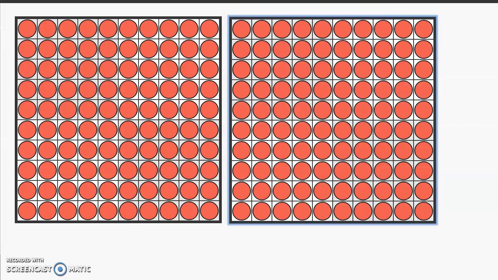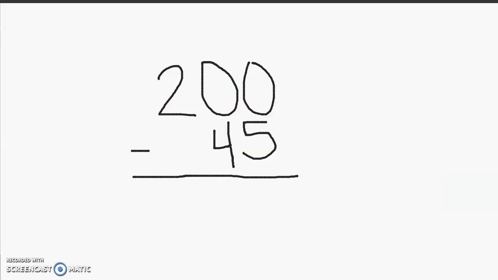A fourth grader, on the other hand, would solve using the standard algorithm. They would start by writing 200, which I've already written, and then minus here 45, 5 being under the ones in the ones column and the 4 being in the tens column. We then begin subtracting.